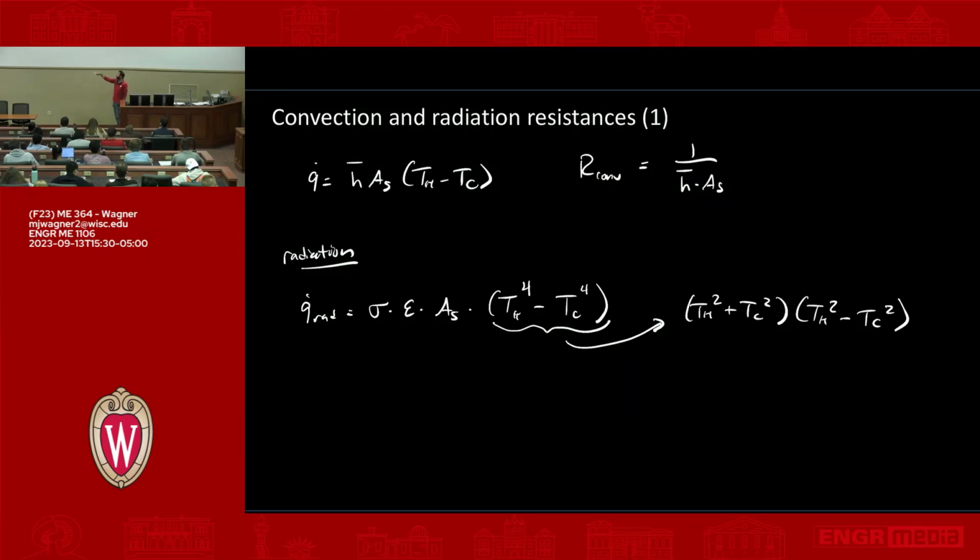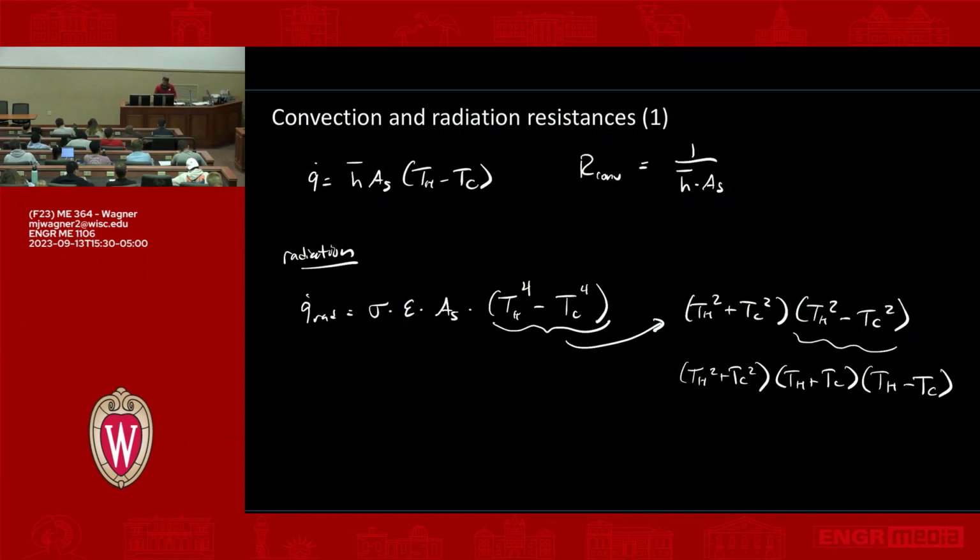So we're closer. Now we have this potential T_H minus T_C, but they're squared. So maybe we can break that one up a little bit further. How does that look? We end up with, again, (T_H squared plus T_C squared) times (T_H plus T_C) times (T_H minus T_C).